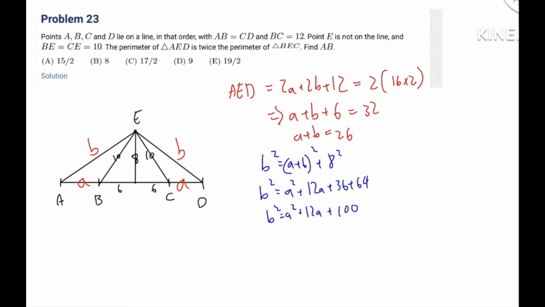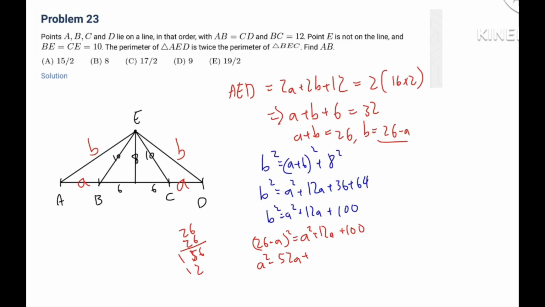And since A plus B equals 26, we can say that B is 26 minus A. So if we put 26 minus A into B, then 26 minus A squared equals A squared plus 12A plus 100. So A squared minus 52A plus 26 squared. What's 26 squared? 676. 676 equals A squared plus 12A plus 100.